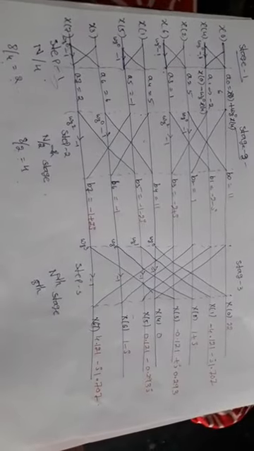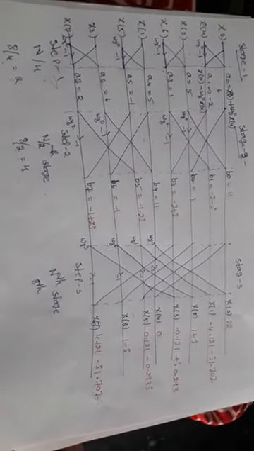X of 3 value is minus 0.121 plus j 0.293. X of 4 is 0, x of 5 is 0.121 minus 0.293j and x of 6 is 1 minus j and x of 7 is 4.121 minus j 1.707. This is for the complete 8-point DFT by using the DIT method.